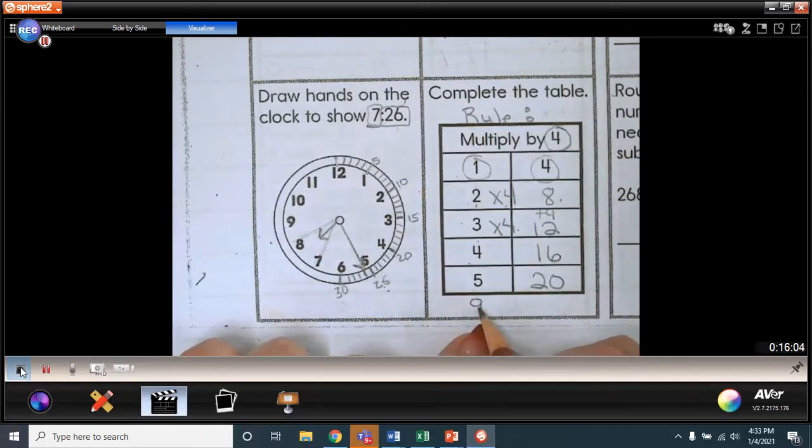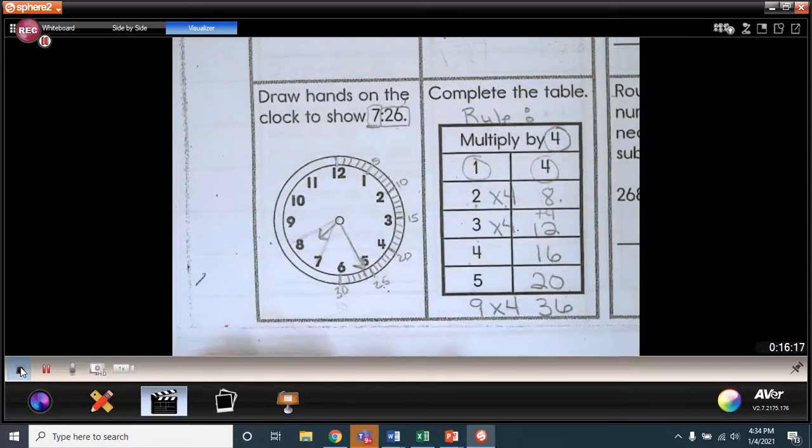So from input, we couldn't just add 4 here to get what the product is. We would have to know input to output. So we'd have to multiply by 4 to give us our 36. And so this is why we look at input to output when we are working with input-output tables.